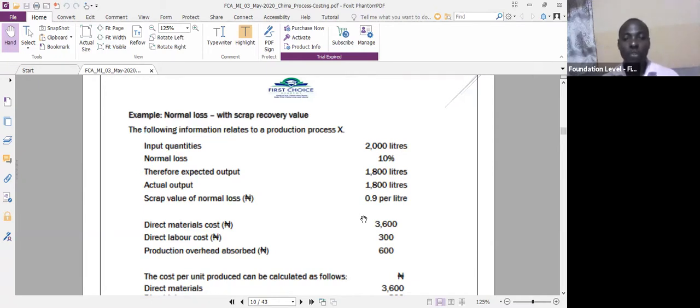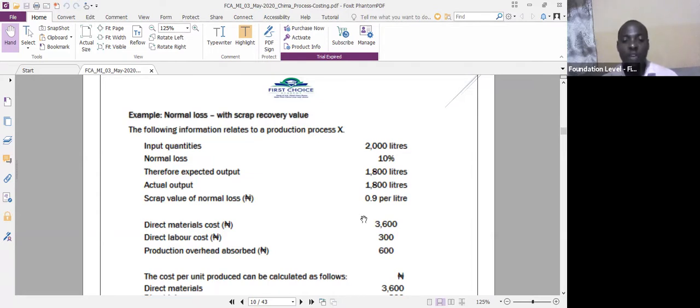Expected output will therefore be 90% of 2,000, which is 1,800. And we saw that our actual output is exactly 1,800. It means 200 has been lost in the process.